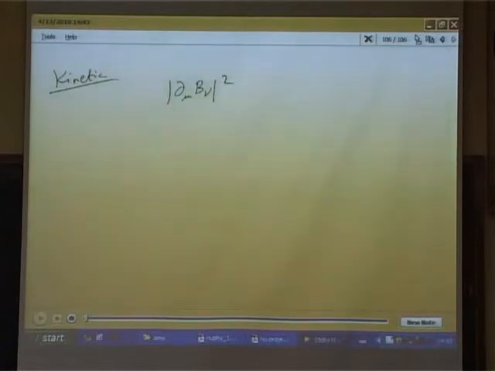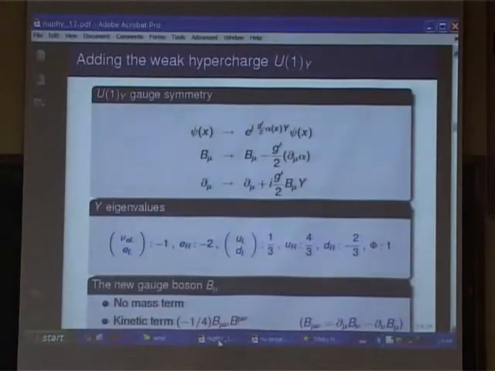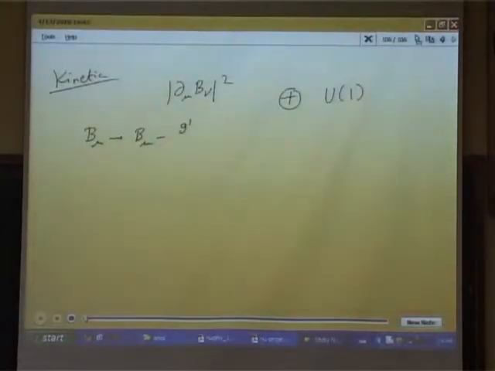But we already know that we don't only need this term, but we also need a term which satisfies this U(1) symmetry. Which means that under this transformation, B_mu goes to B_mu minus g'/2 times ∂_mu alpha, the kinetic term also should not change. So therefore, this kind of term looks bad.